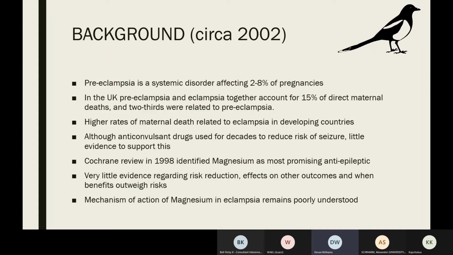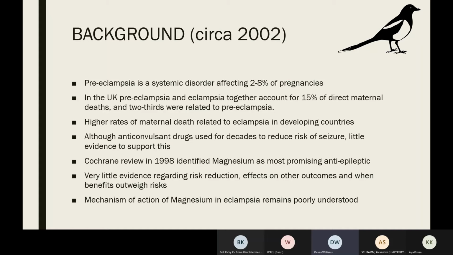There was a Cochrane review done just prior to the beginning of this trial, identifying magnesium as a possibly promising anti-seizure treatment compared with the other anticonvulsant drugs. There wasn't much in the literature at this time about risk reduction, effects on other outcomes, maternal and fetal morbidity and mortality, whether the benefits outweighed the risks, and also the side effect profiles.